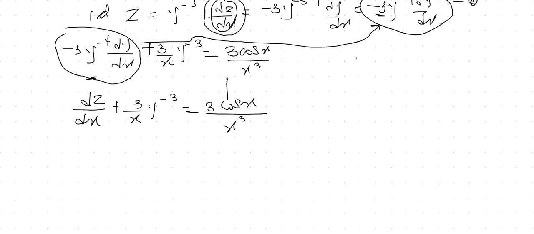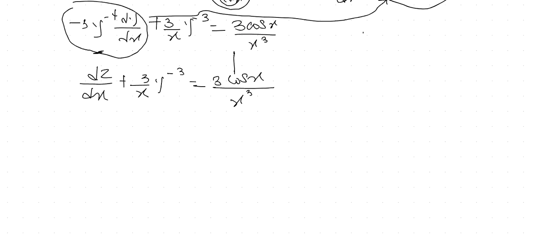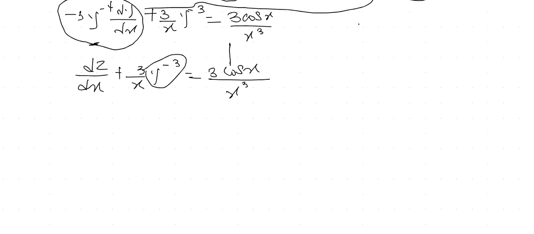Now, at this point, this one, don't forget, is your z. So it will now look like dz/dx plus 3 over x times z, which is equal to 3 cos x over x raised to the power of 3.